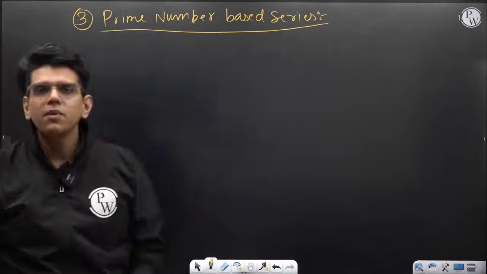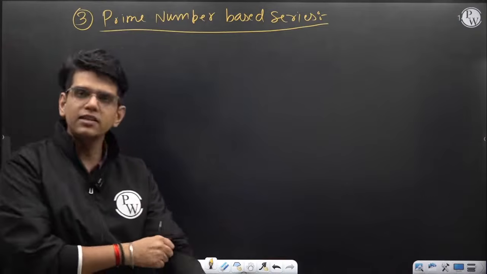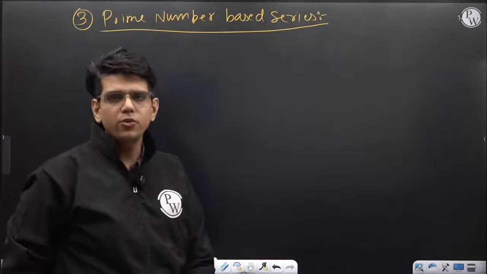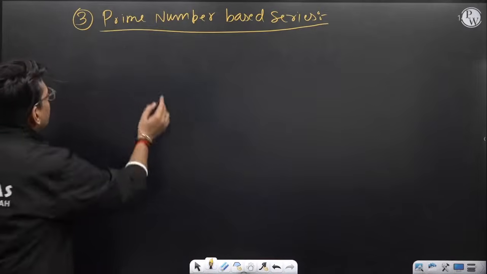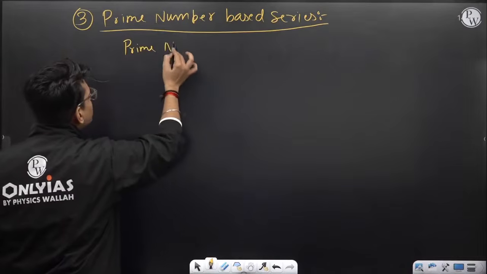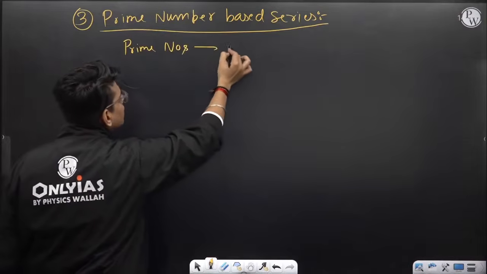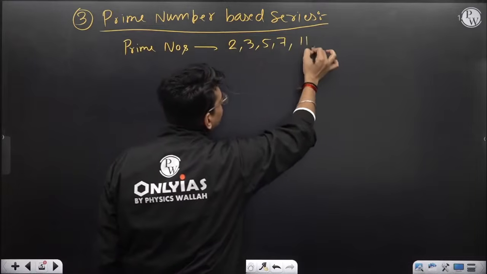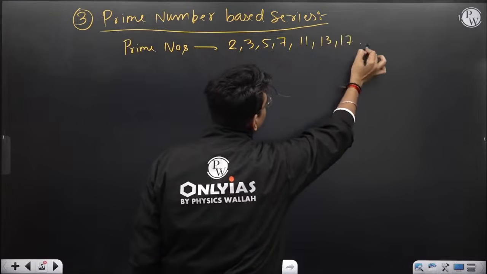So 2 is a prime number because it is divisible by 1 and the number itself, which is 2, right? Similarly, 3 is divisible by 1 and 3 only. So normally the prime numbers are 2, 3, 5, 7, 11, 13, 17 and so on.